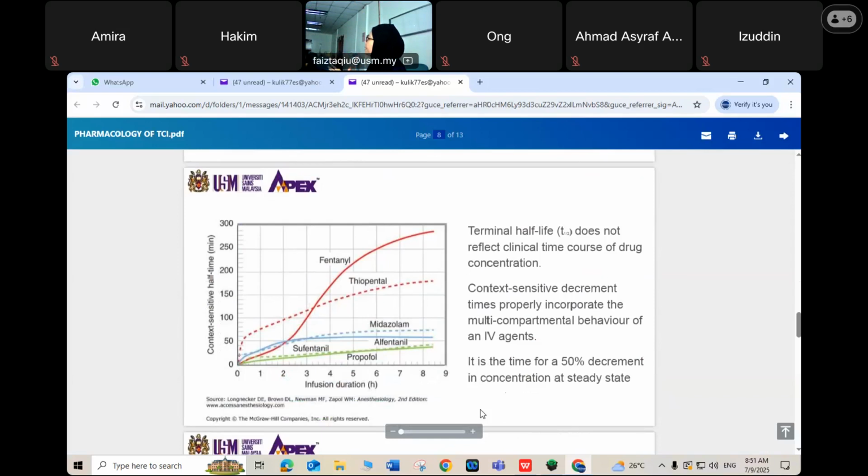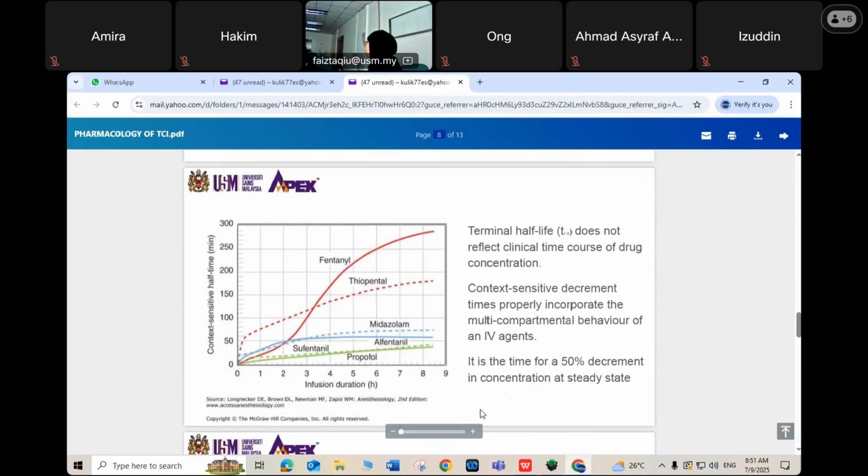Because remember, TCI in comparison to what? TCI versus manual techniques, TCI versus inhalational.